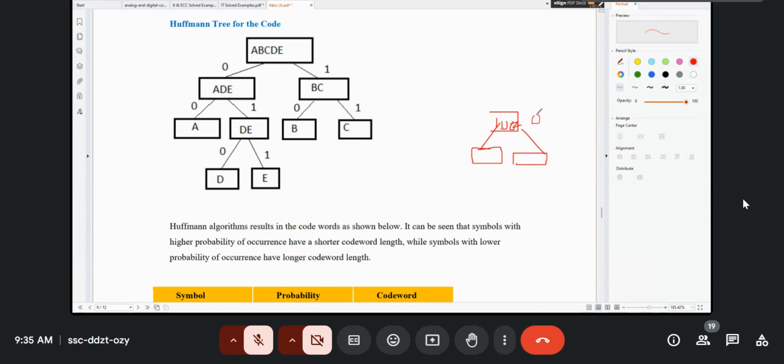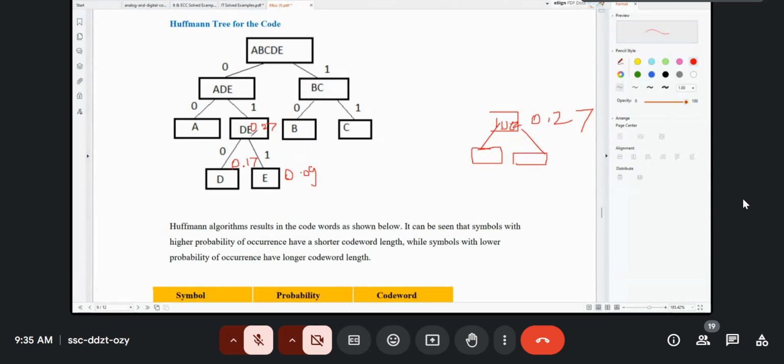This is 0.27. So initially you had 0.09, 0.17, I think that's what it was. So this became 0.27. You see, there was a reorganization.